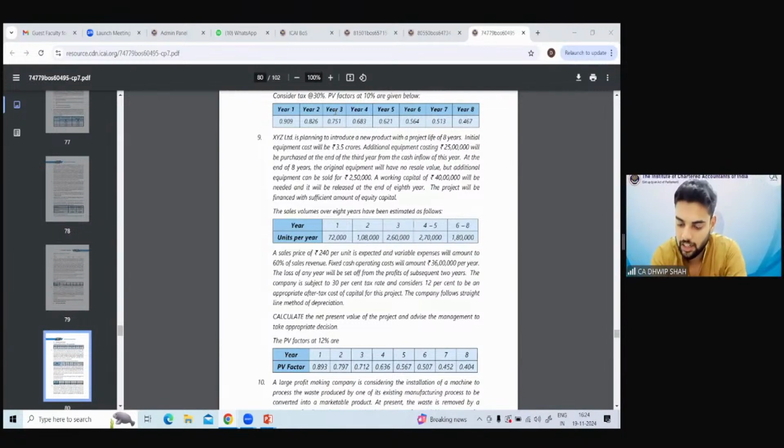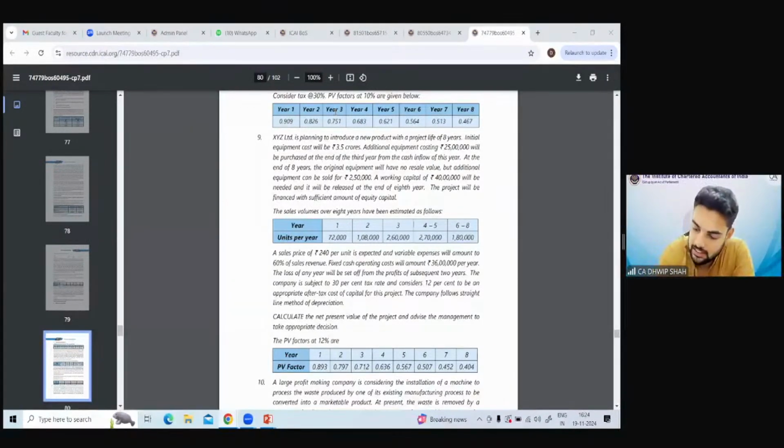Initial cost is 3.5 crore. Additional equipment cost will be 25 lakh, but it will be purchased at the end of 3rd year from the cash inflow of that year. Are you getting this? So my initial investment is 3.5 crore, but at the end of 3rd year, I need further investment, which is 25 lakh.